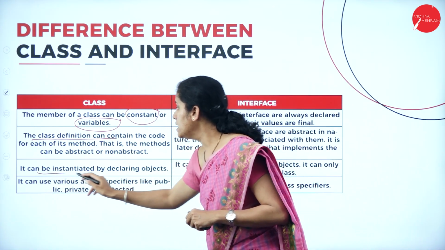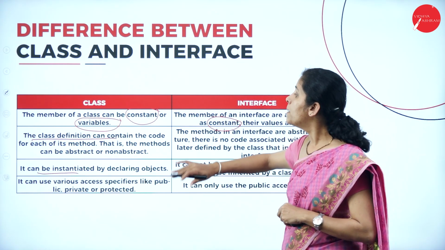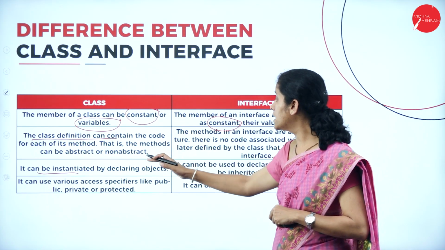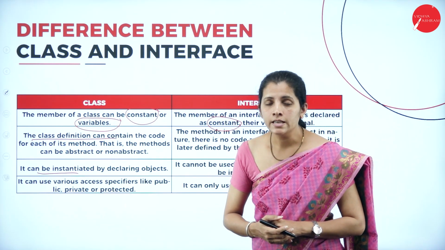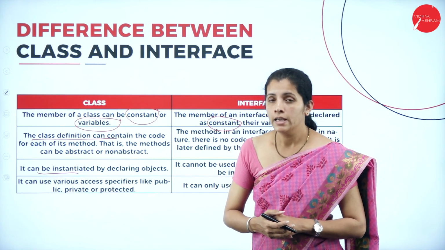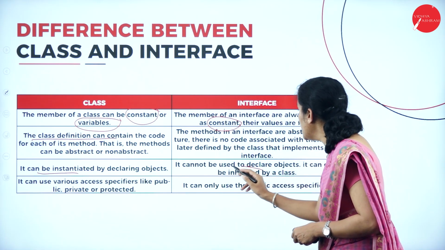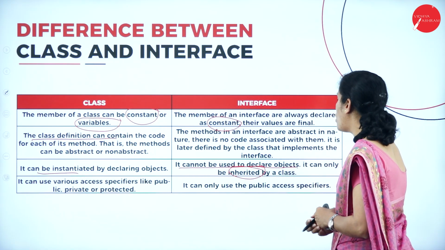Classes can be instantiated by declaring an object. But an interface cannot be instantiated. That means it cannot be used to declare an object.